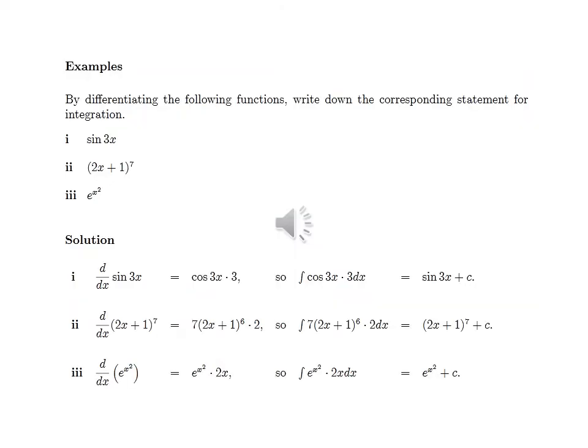Examples. By differentiating the following functions, write down the corresponding statement for sine 3x, (2x plus 1) to the power 7, and e to the power x squared.